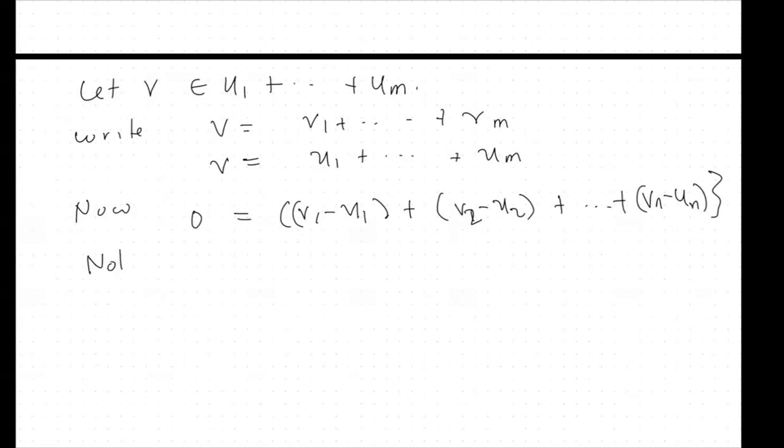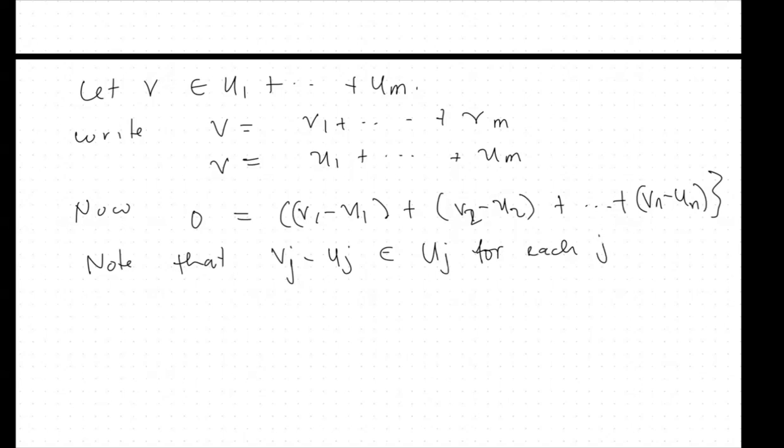Note that each vj minus uj is an element of the subspace Uj for each j.